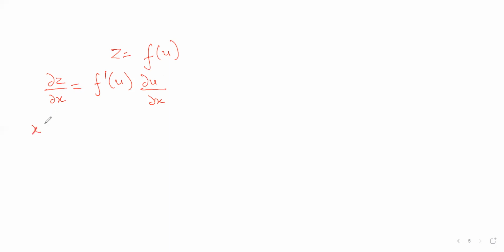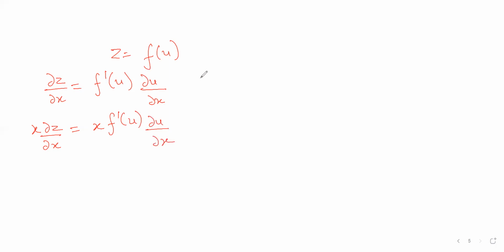Now x del z by del x is equals to x f dash u del u by del x.